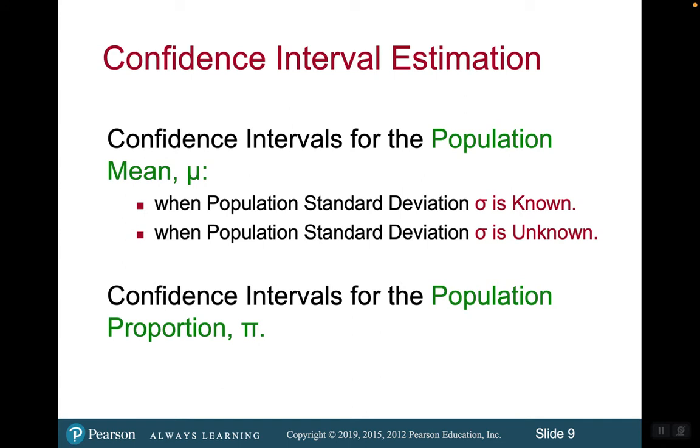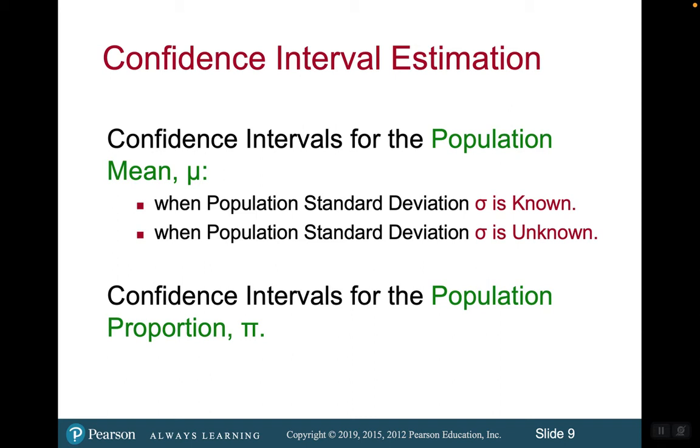All right. So the confidence, we have two scenarios here, two approaches we can take. One is if we know what the standard deviation of the population is, versus situations where we do not know what the standard deviation of the population might be.